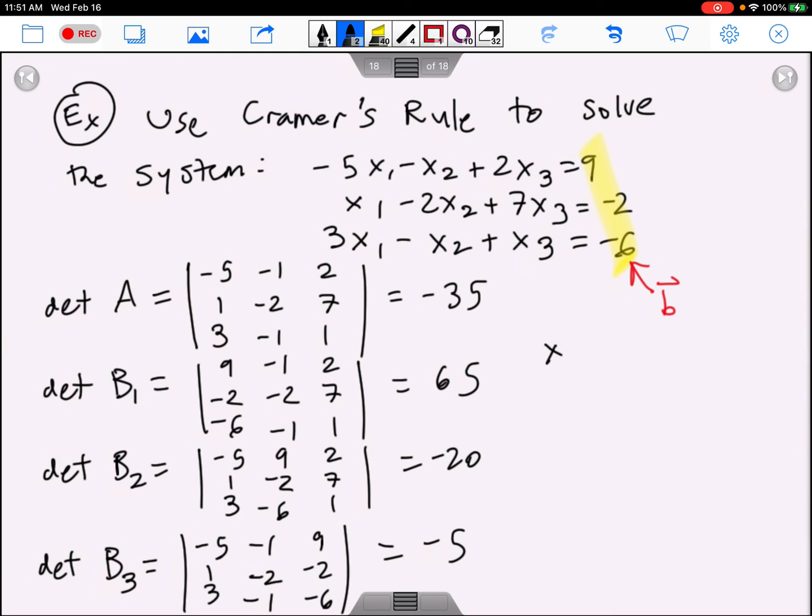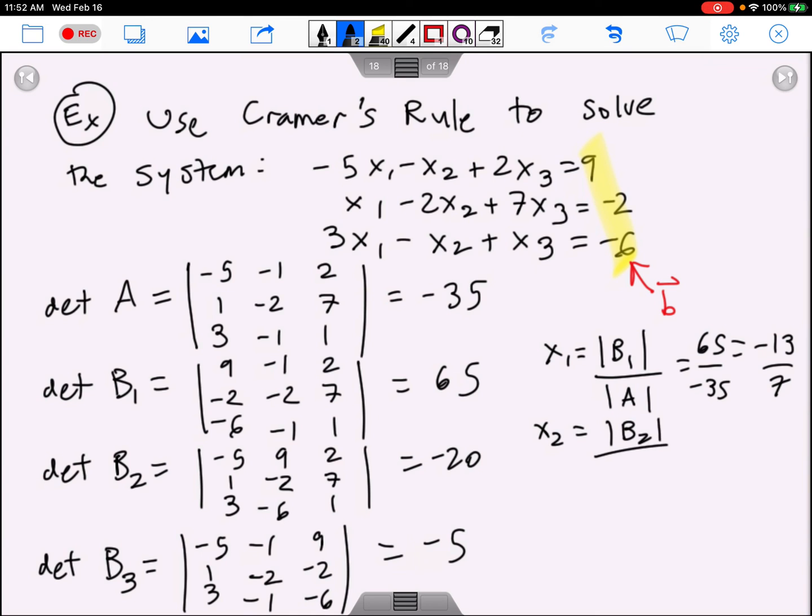And so we're ready to write down our solution here. X1 is going to equal, remember by Cramer's rule, it's the determinant of B1 divided by the determinant of A, which is going to be 65 over -35, which is -13/7. X2 is going to be the determinant of B2 divided by the determinant of A, which is -20 over -35, which is 4/7.